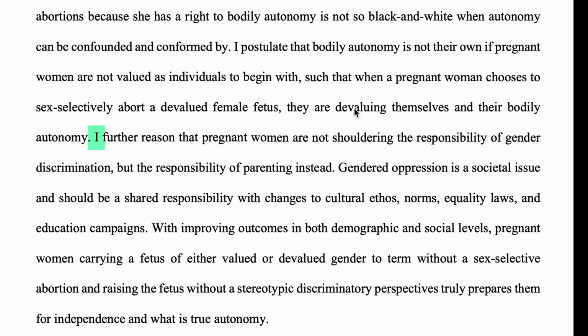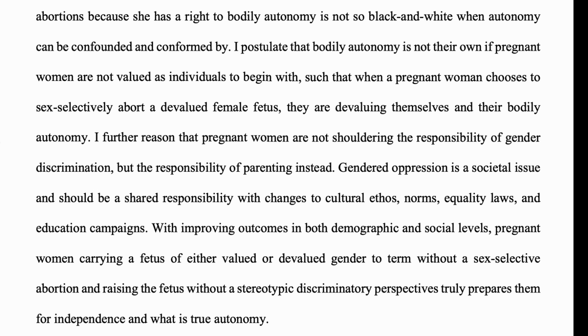I further reason that pregnant women are not shouldering the responsibility of gender discrimination, but the responsibility of parenting instead. Gender discrimination is a societal issue and should be a shared responsibility with changes to cultural ethos, norms, equality laws, and education campaigns.